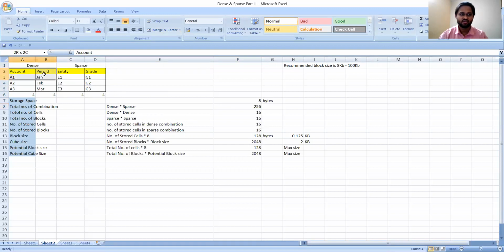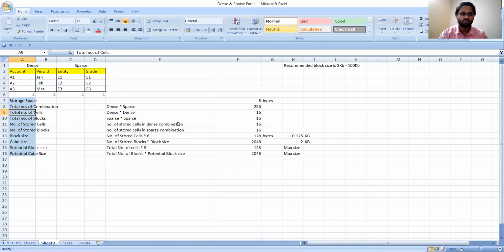Dense takes account and period, that is 4 into 4, 16, and sparse takes entity and grade, 4 into 4, that is 16. That is 16 into 16, that is 256.